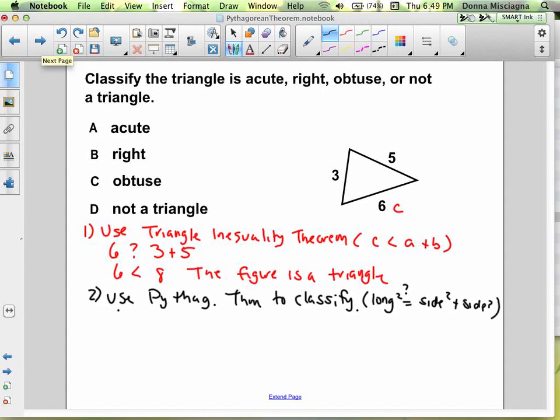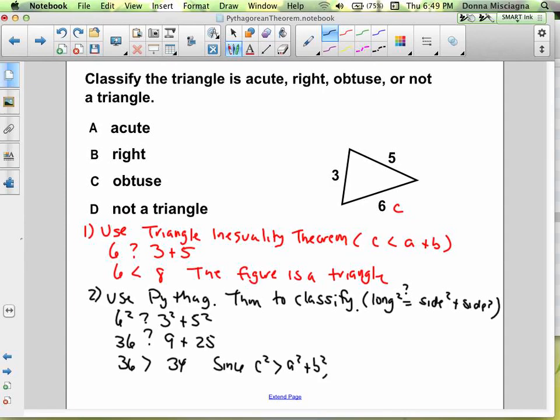Our long side is 6, so 6 squared, question mark, 3 squared plus 5 squared. 6 squared is 36. 3 squared is 9. 5 squared is 25. 9 plus 25 is 34. 36 is greater than 34. So since c squared is greater than a squared plus b squared, the triangle is obtuse.